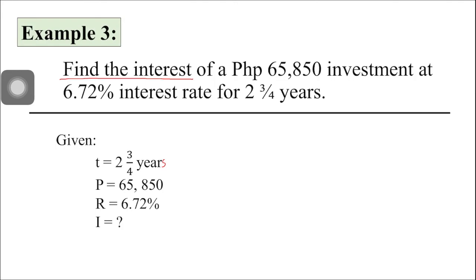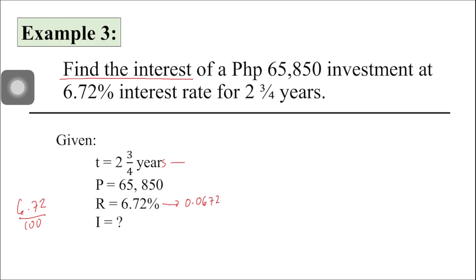First, you need to express the rate into decimal form. How will you express it into decimal form? 6.72 divided by 100, so that's 0.0672.